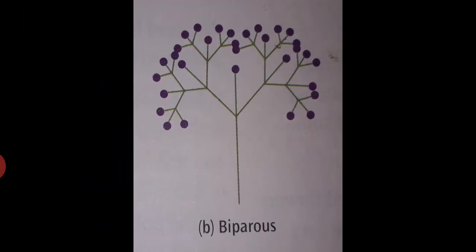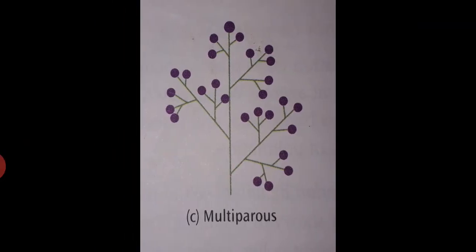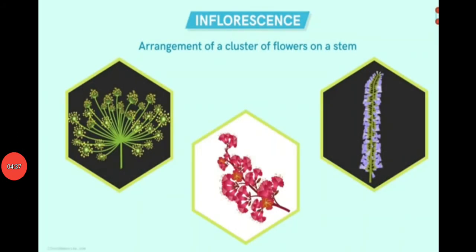It produces two lateral branches at a time, each ending in a flower. And the last one is multiparous cyme. It produces a number of lateral branches at a time, each ending in a flower. For example, Calotropis. So, this was all about the inflorescence.